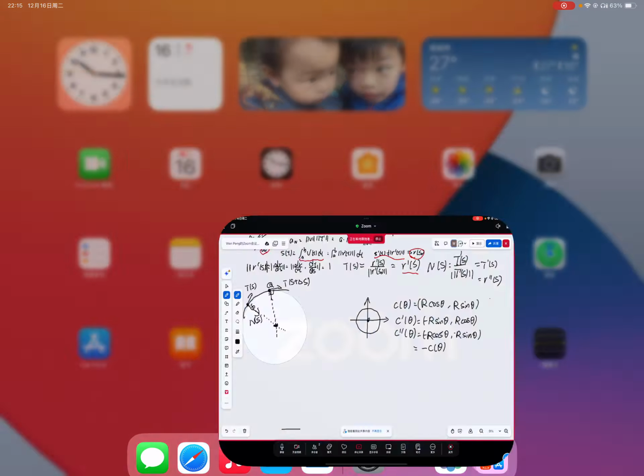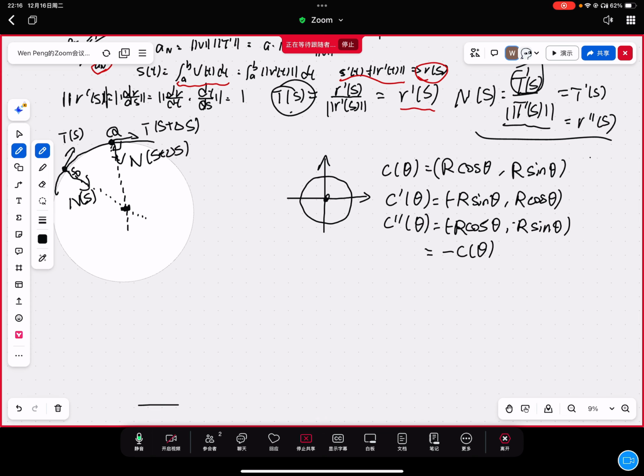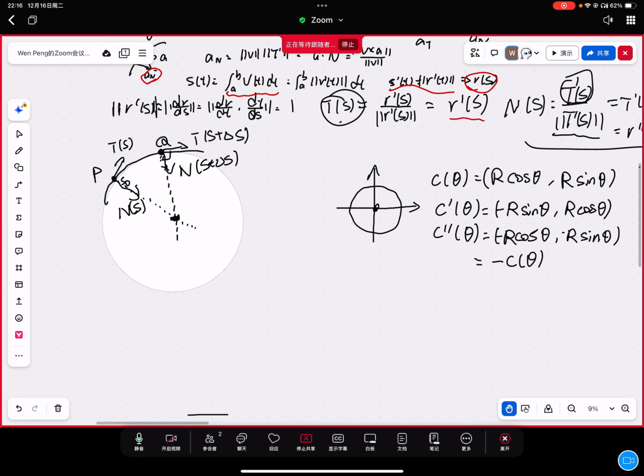From here we know that n of s is perpendicular, because it's normal to t of s, because t prime of s is normal to t of s. Why? Because t of s has a magnitude of 1. So therefore, we can actually write the normal vector on it.